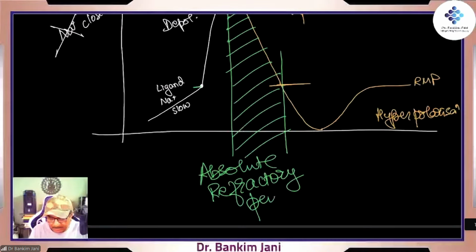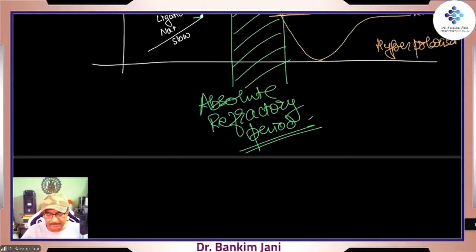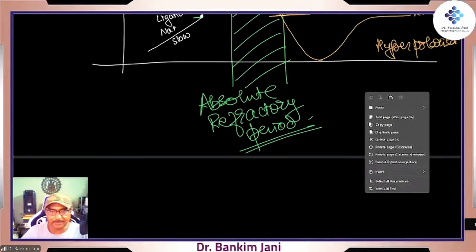Refractory period means during this phase, if you give another stimulus, it won't work. Absolute refractory period means you give any strong stimulus at any level, it won't work because the channels are deactivated. That is what is called the absolute refractory period.